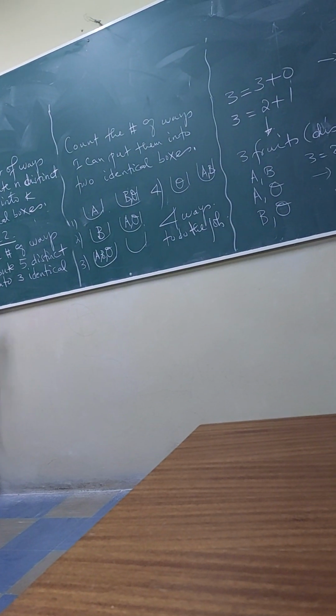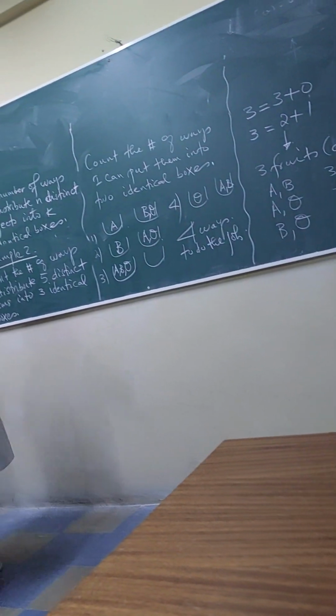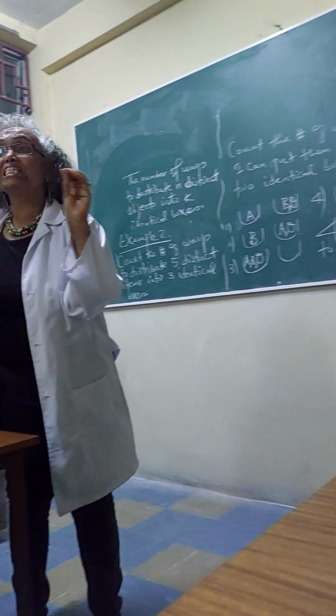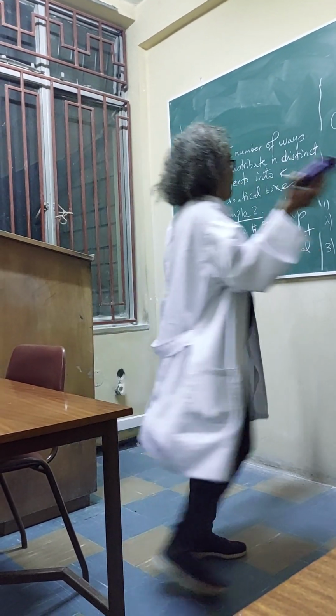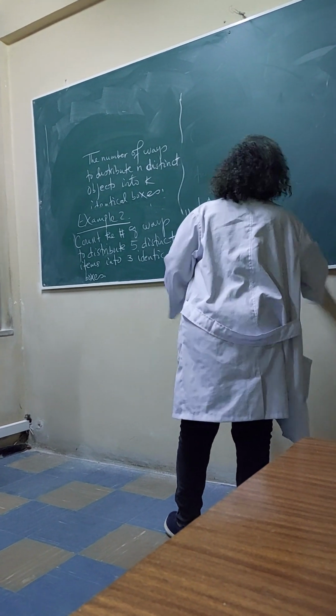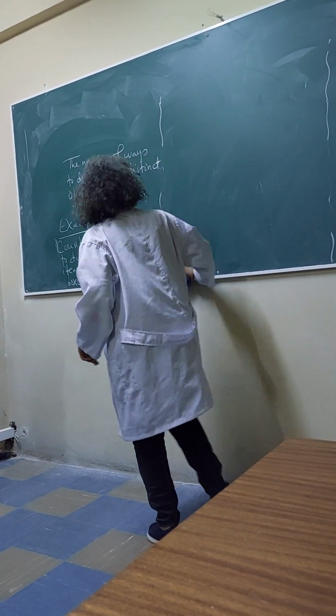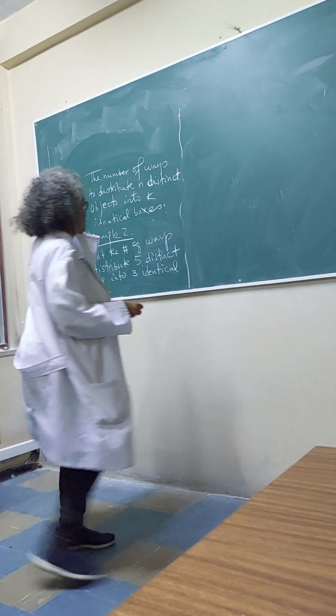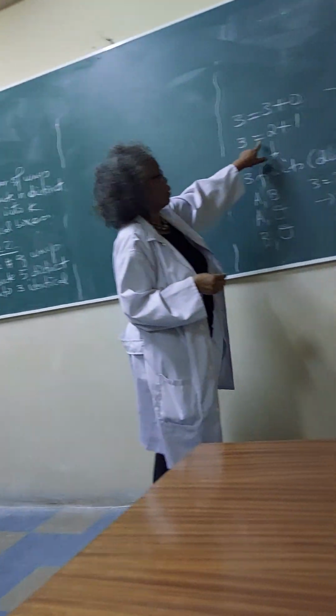I want to count the number of ways I can distribute 5 distinguishable items into 3 indistinguishable boxes. Identical boxes. Well, that's how we did it here.